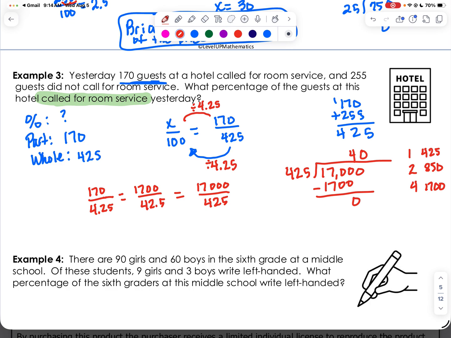So in this problem, x is equal to 40. So that means 40% of the guests called for room service.